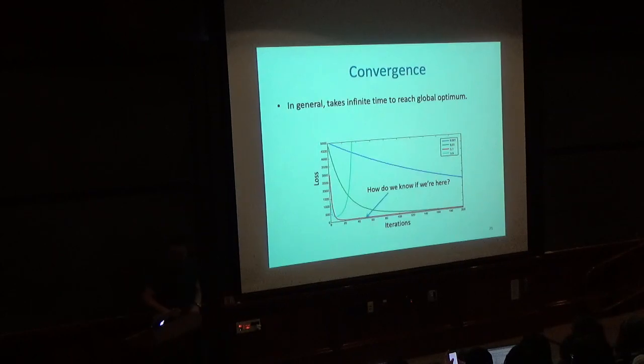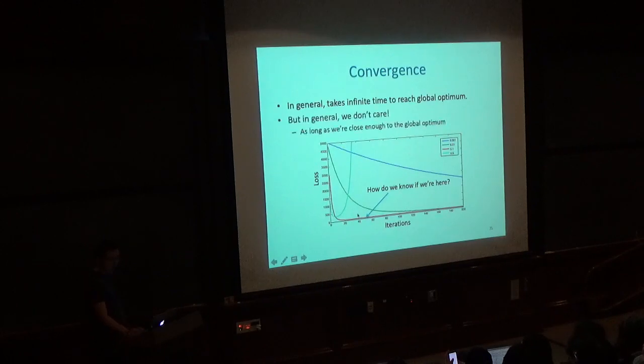We want to know that we're in the regime where we've basically converged to something really good, within a small epsilon of the global optimum. So how do we know that we're here and not here? If we don't know what W star is, how do we know that we're in the regime down here and not in the regime up here?